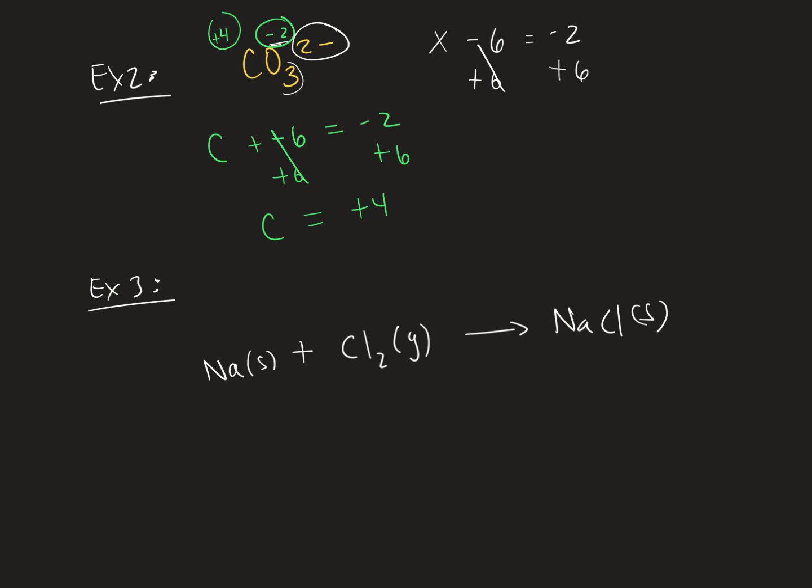It's a synthesis reaction. Remember that? But what's the easiest way to tell if it's an oxidation reduction reaction? It's not a double replacement reaction. You remember that? We'll go through that again. But this is not a double replacement reaction, so most likely it's oxidation reduction.